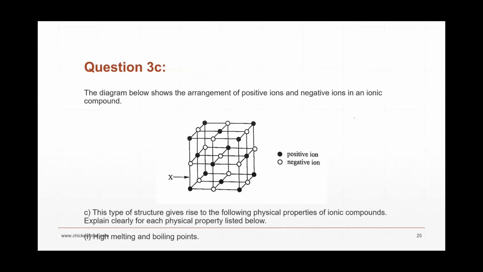Next one. This type of structure gives rise to the following physical properties of ionic compounds. Explain clearly for each physical property listed below. The first property listed is high melting and boiling point. So they want you to write the explanation.